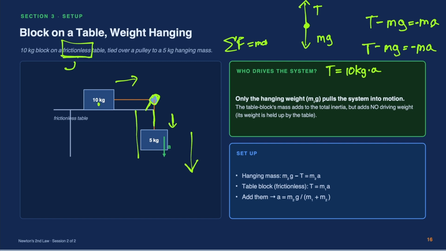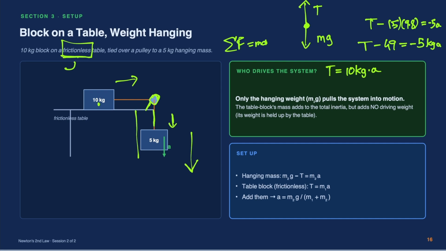So in this case, tension minus mg is 5 times 9.81, so 49 is equal to negative ma, negative 5a, right? So tension minus 49 is equal to negative 5 kg a.